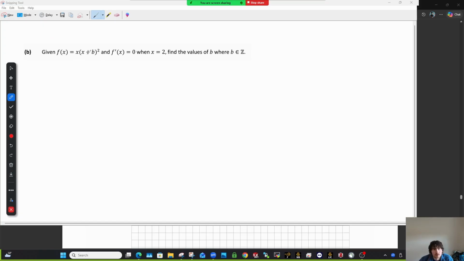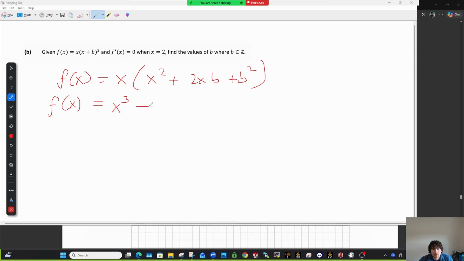What you should probably do is square this out before, to avoid needing to use the product rule. So I'm rewriting f(x) here as x times x squared plus 2xb, multiply them together, double it, and then plus b squared. You should all know how to square out a bracket. And so then f(x) is x cubed plus 2x squared b plus b squared x.